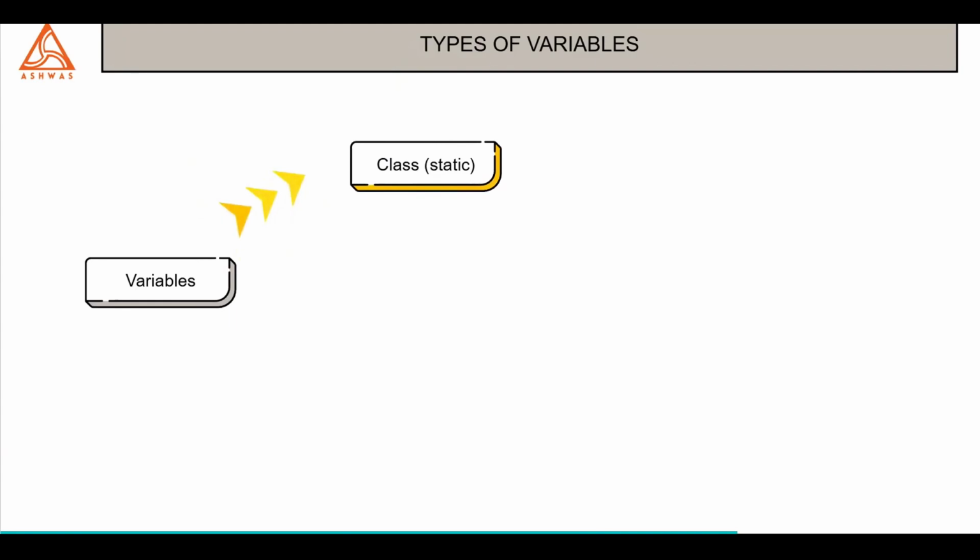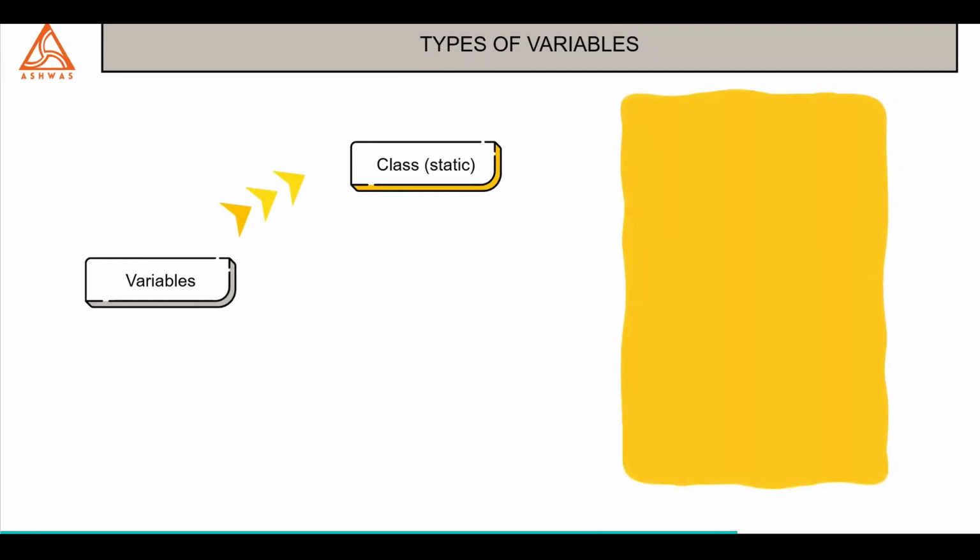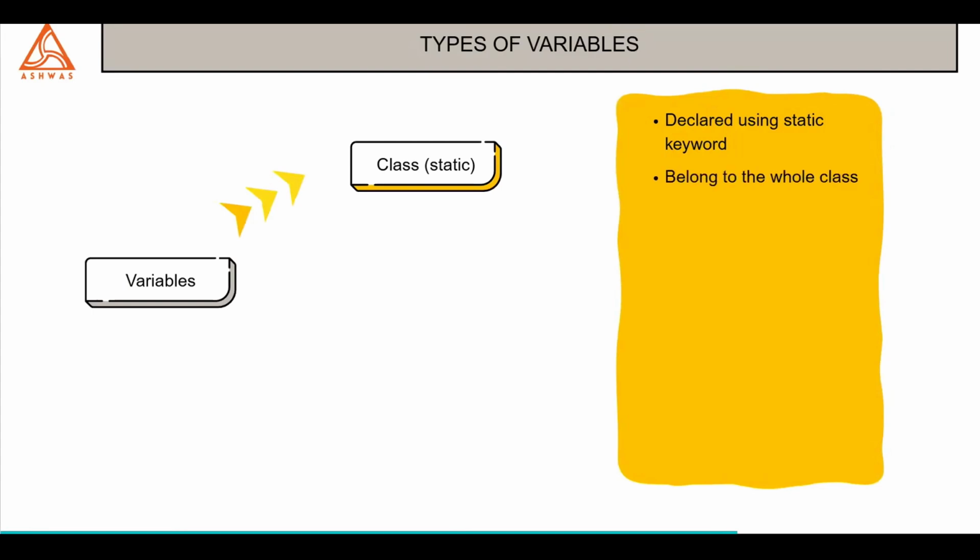So the first one is a class variable, which is the highest scoped variable, and it is also called a static variable. Why so? Because it is declared using the keyword static. It belongs to the whole class. It is declared outside any constructor or method or block. So the only code block above a class variable is the class itself.